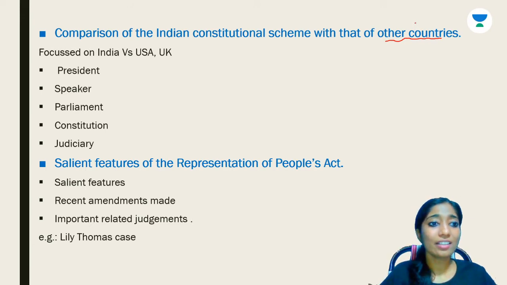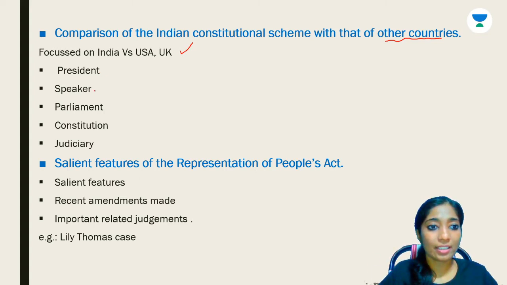So what I did, I focused only on India versus USA and UK. In terms of president, how India's presidential election is different from that of USA, powers of president, how it is different. Like that, I made notes and prepared.